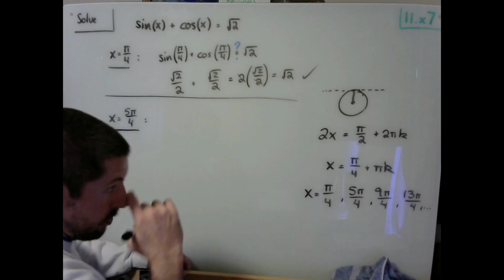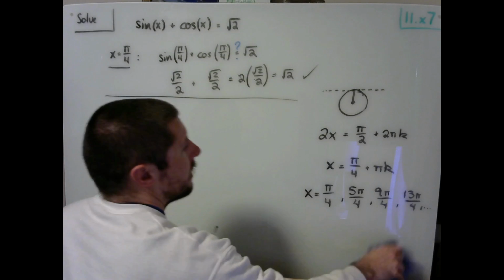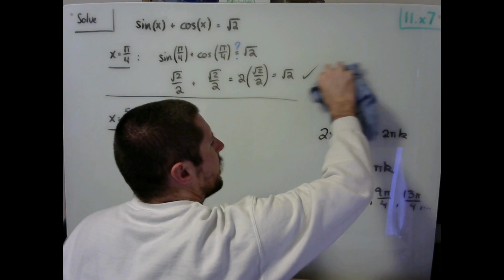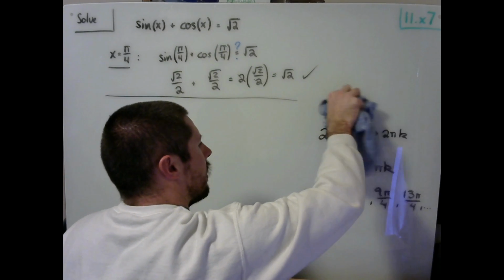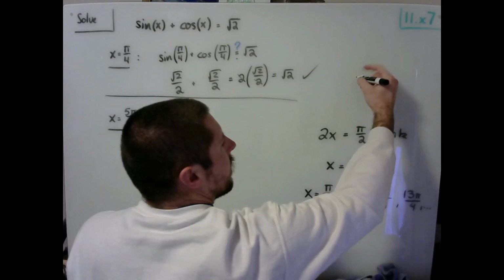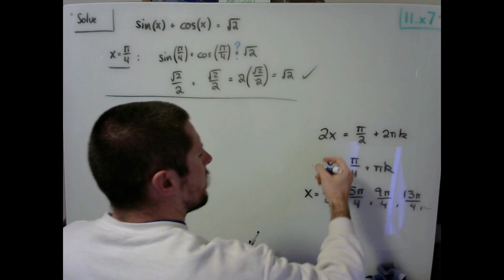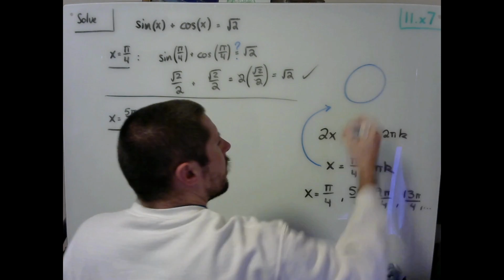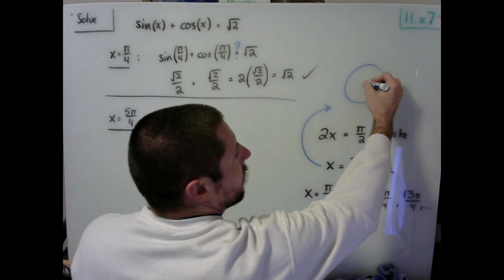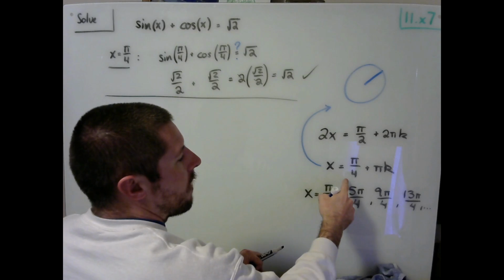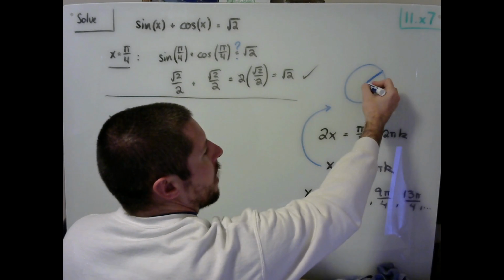What I think I'd like to do also in this case, by the way, is think about where each of these solutions live. I'm going to get rid of my old unit circle here for a minute. What have we found when we did this guy right here? So I'm going to reassociate this with a new unit circle here. Well, our solutions that we found are the ones that are located at pi fourths, which is there. We've also found the ones where we add pi from there, so add 180 degrees.